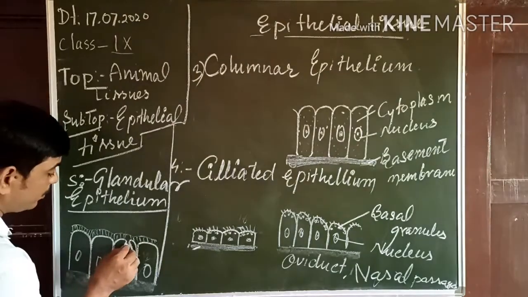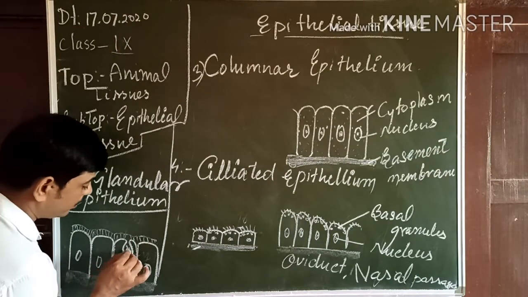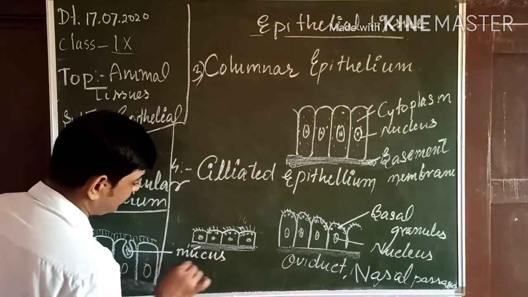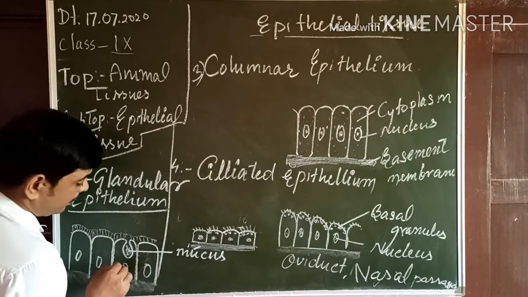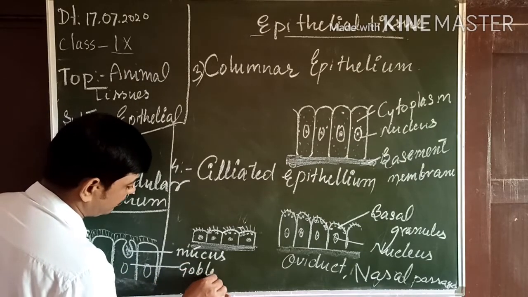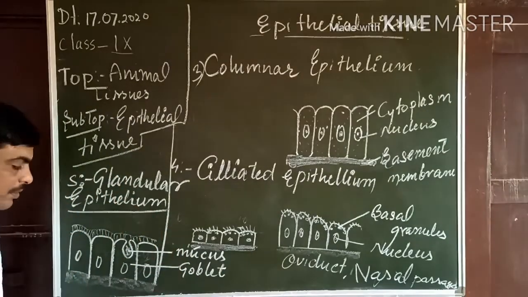The material of this is called mucus. This cell is the goblet cell, and the rest of the cells are normal.